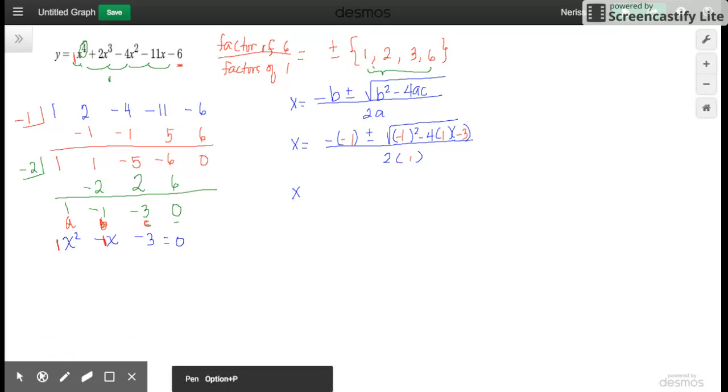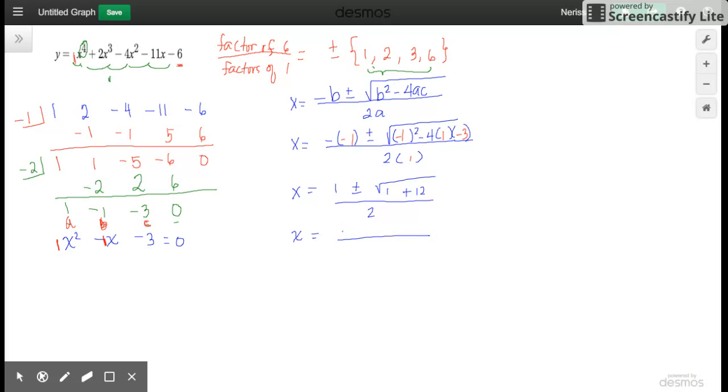Therefore, x is equal to positive 1 plus or minus square root of 1 plus 12 all over 2. Therefore, we get x equals 1 plus or minus square root of 13 over 2.